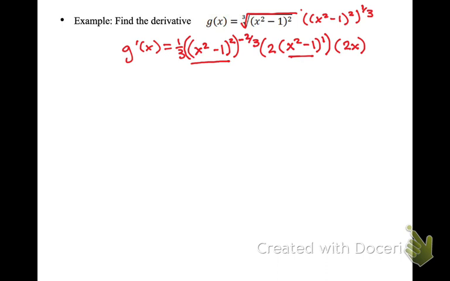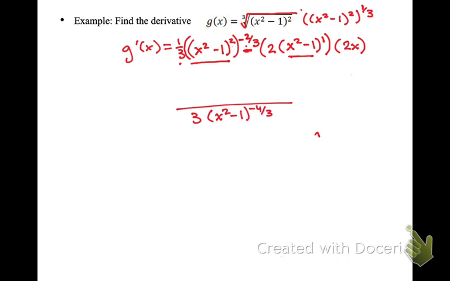Now, there will be some simplifying here because of the negative 2/3. So since this is all multiplication, can I move some things down easily? Yes. So the 3 is going to come down. And then this would be 2 times negative 2/3, which would be negative 4/3. So x squared minus 1 to the negative 4/3.